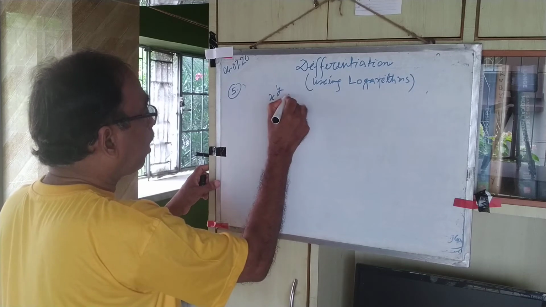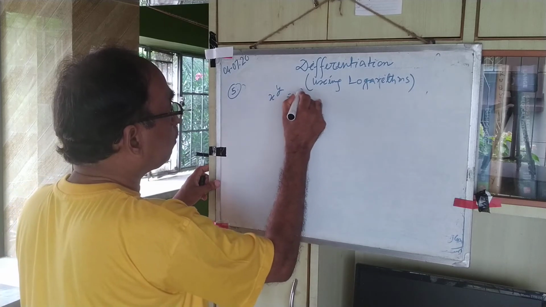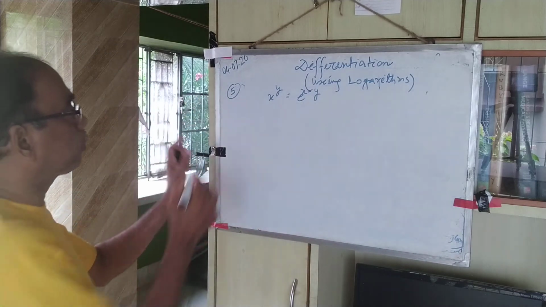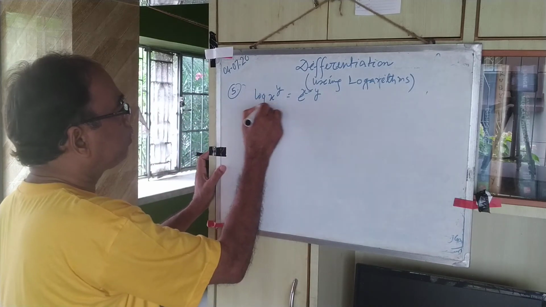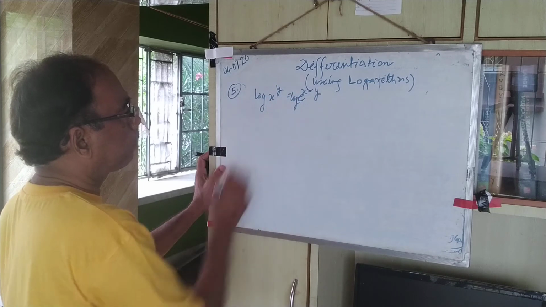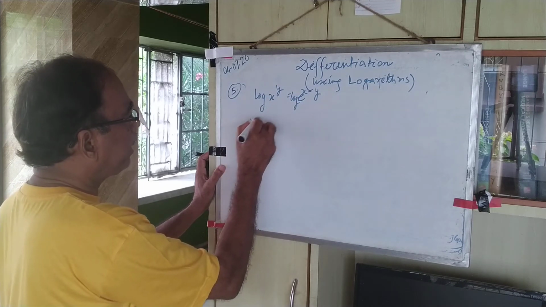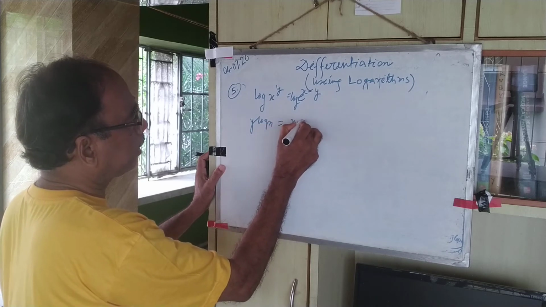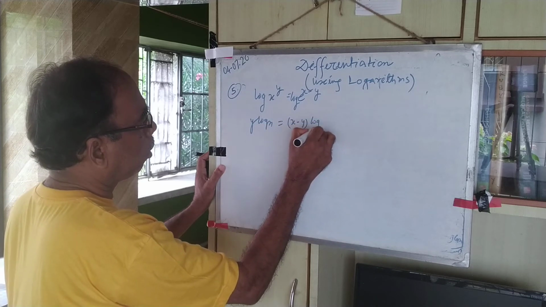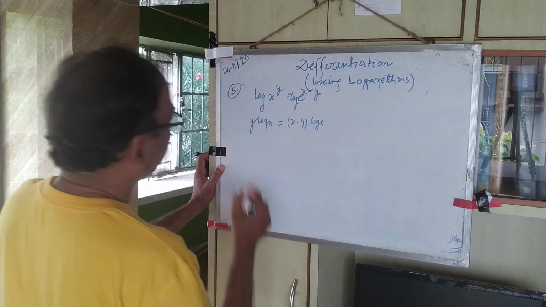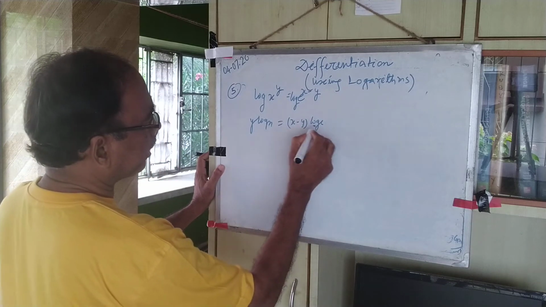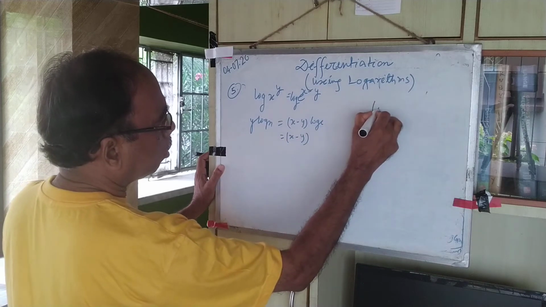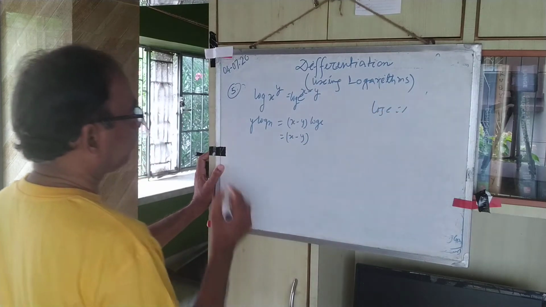x to the power y equals e to the power x minus y. This is also a power, taking log both sides. Log of this equals log of this. That means y log x equals (x minus y) log e. Value of log e is 1.